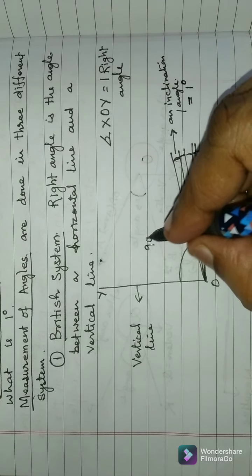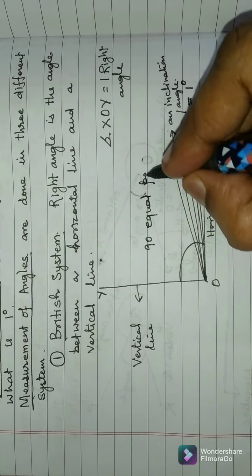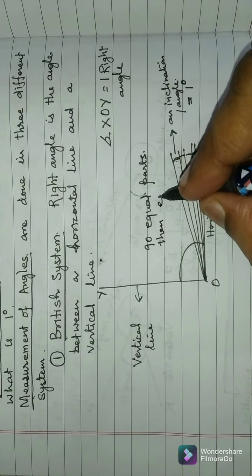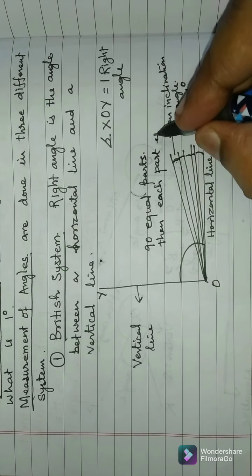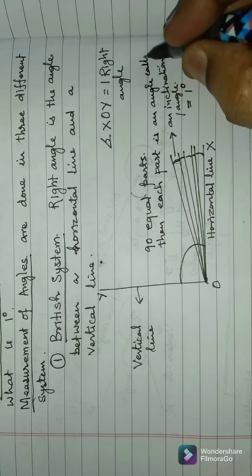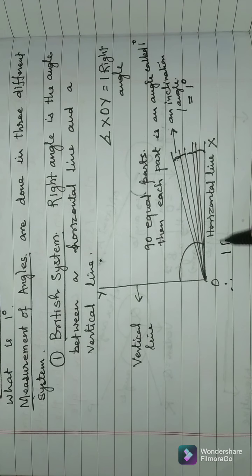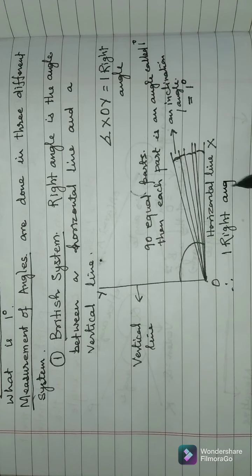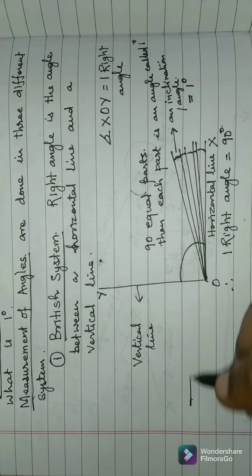So if a right angle is divided into 90 equal parts, then each part is an angle called 1 degree. Therefore, one right angle is equal to 90 degree.